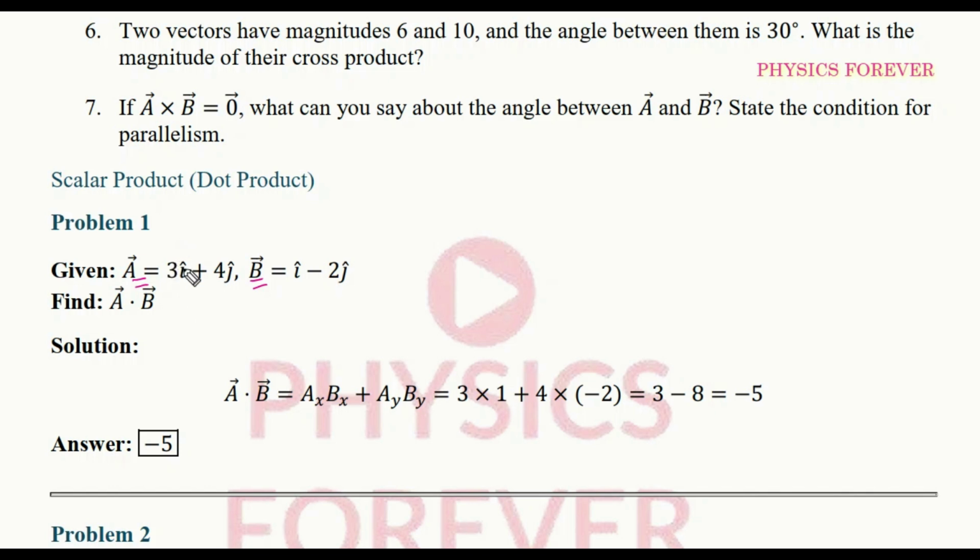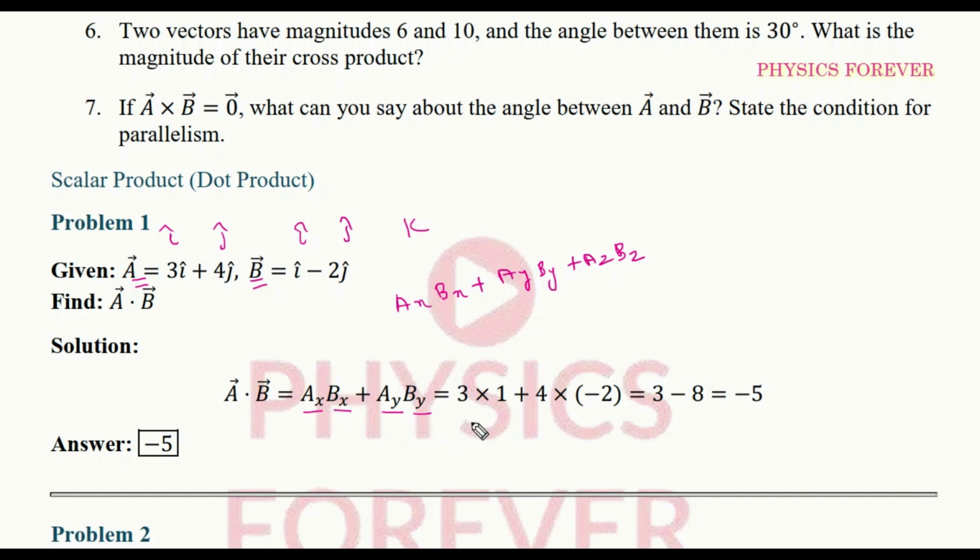So only I and J here. Suppose K comes, then we have to add ax dx plus ay dy plus az dz. Since only I and J are given, we write it like this: ax, ay, then dx, dy.